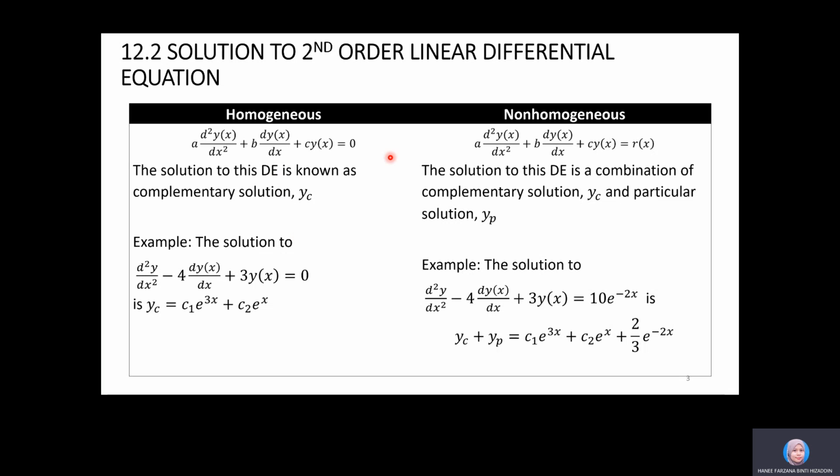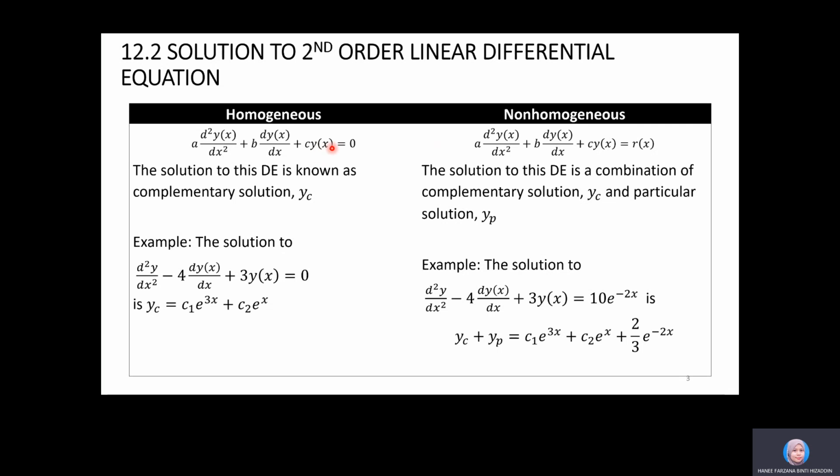Okay, so you know that there are homogeneous and non-homogeneous ordinary differential equations, especially for the linear ones. For a homogeneous ODE, first we need to arrange the ODE into the standard format, which is the coefficient multiplied by the second derivative, the highest order derivative, followed by the lower order derivatives until y only.